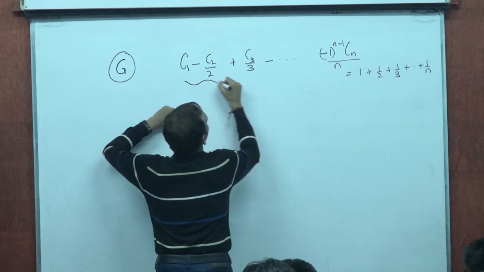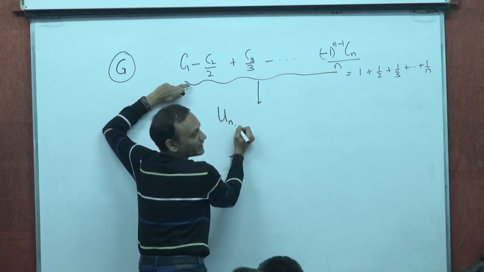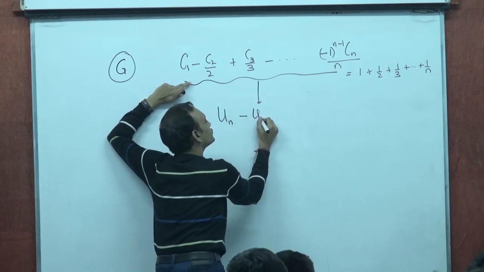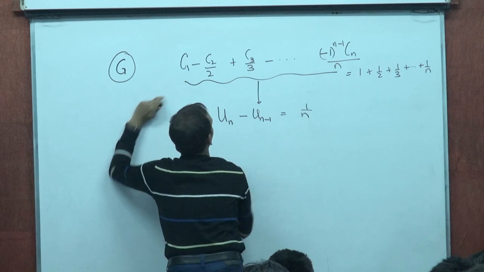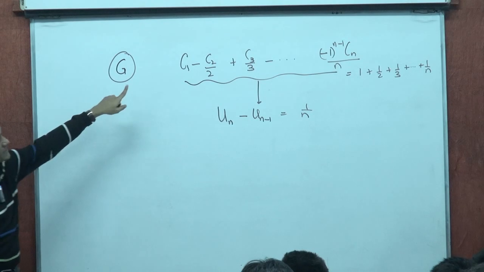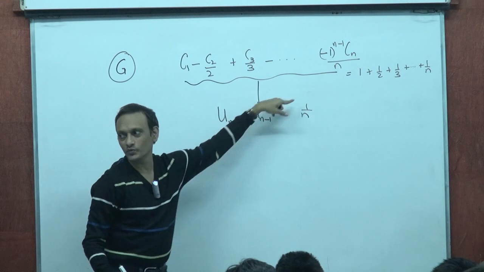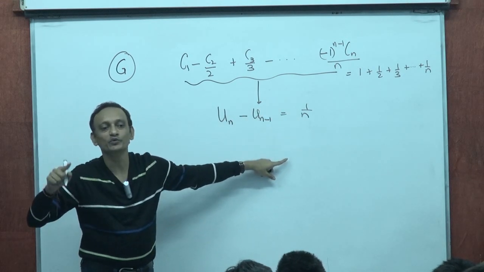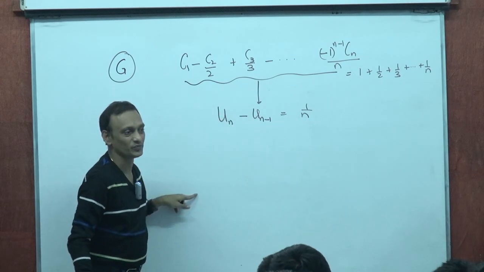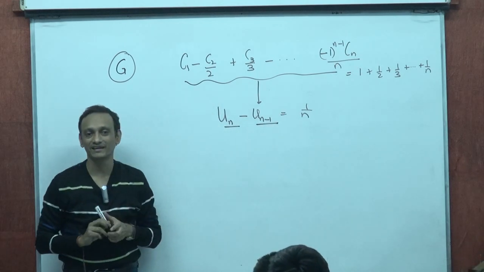I'll just get you started and don't spend time on it now. Call the left hand side Un, and then show that Un - U(n-1) is 1/n.